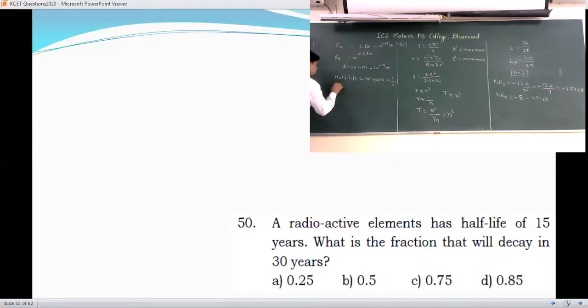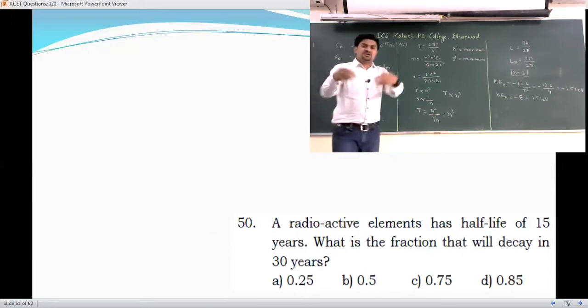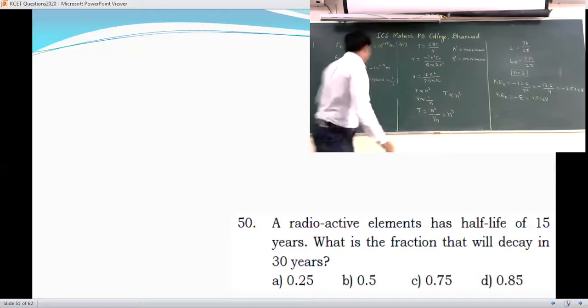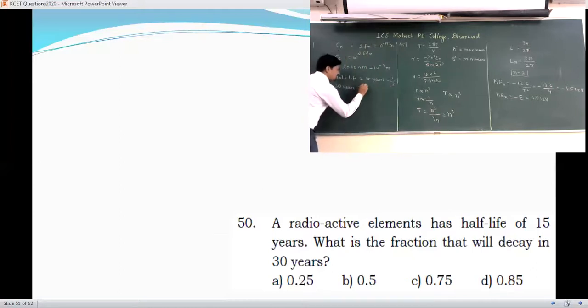How many years have they given here? 30 years. So how many half-lives are there? There are two half-lives here. So it is 1 by 2 into 1 by 2. How much are you getting? 1 by 4, which is 0.25. So after two half-lives, the radioactive element remaining is only 0.25.